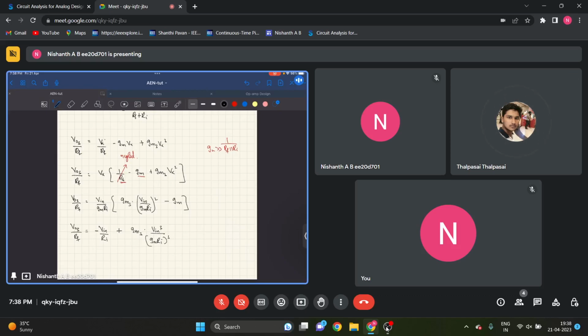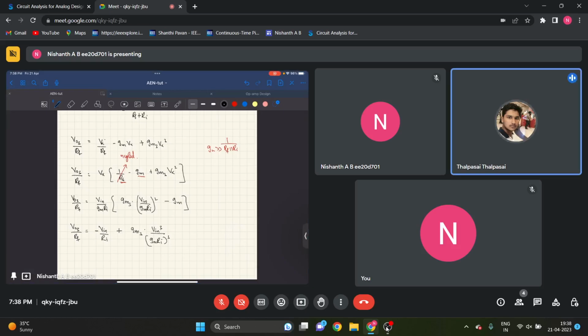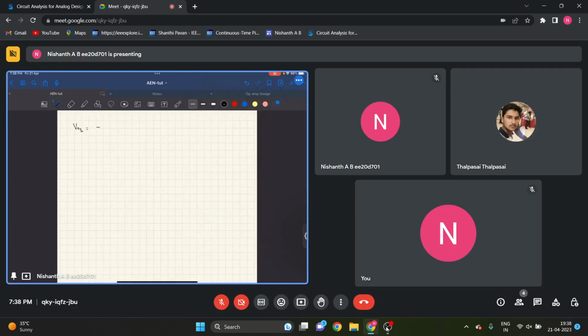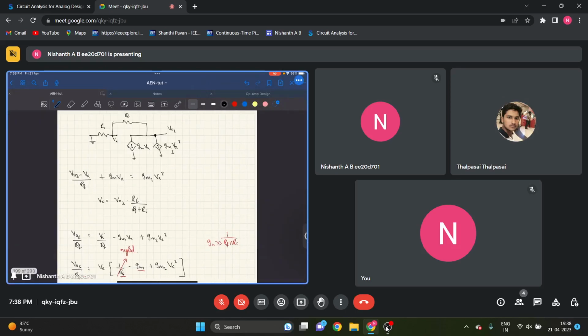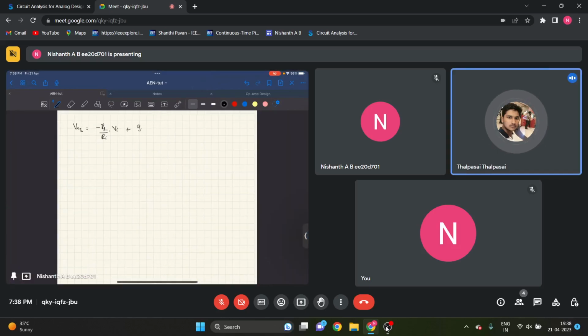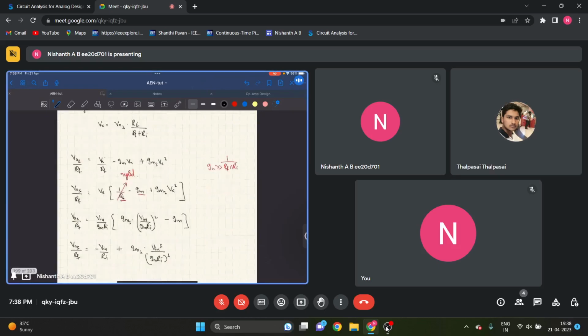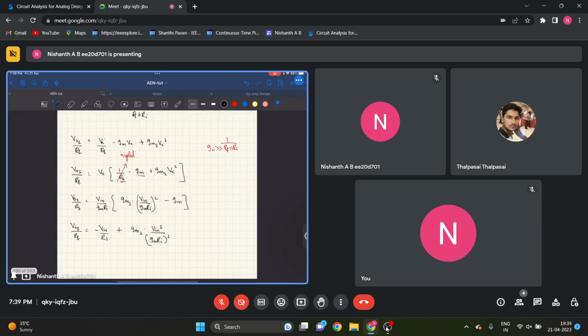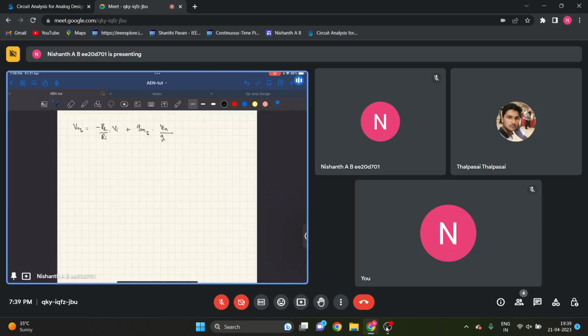So VO3 will be minus Rf by Ri into Vin plus Gm3 into VO3 whole cube by 3 into Vin by Gm Ri whole cube.